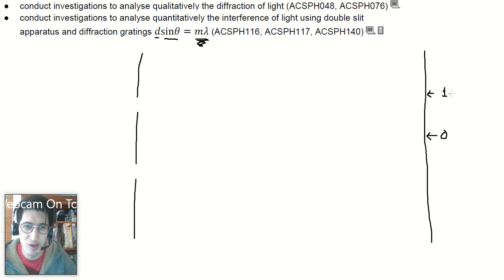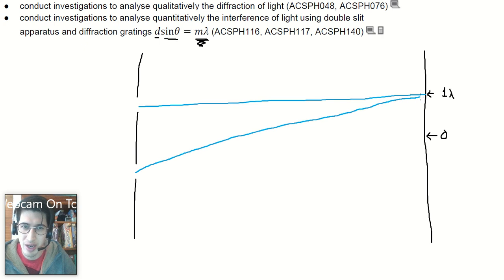This is 1 full wavelength of path difference between two spots. Okay, that means that this distance and this distance are different by exactly 1 wavelength.